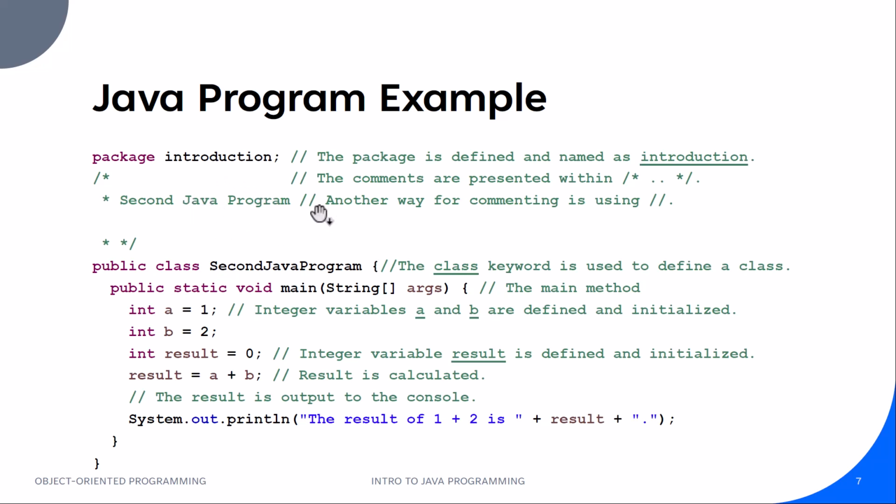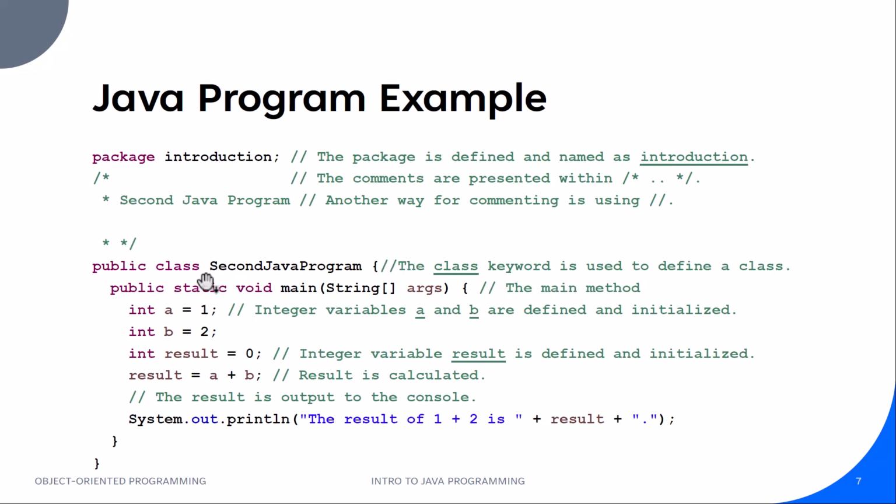And there's another way for commenting, and we are going to use 2 slashes to comment certain code. And when I use these 2 slashes, it will only comment until the end of the line. So I can do a block comment with these signs, and I can do a line comment with these 2 slashes.